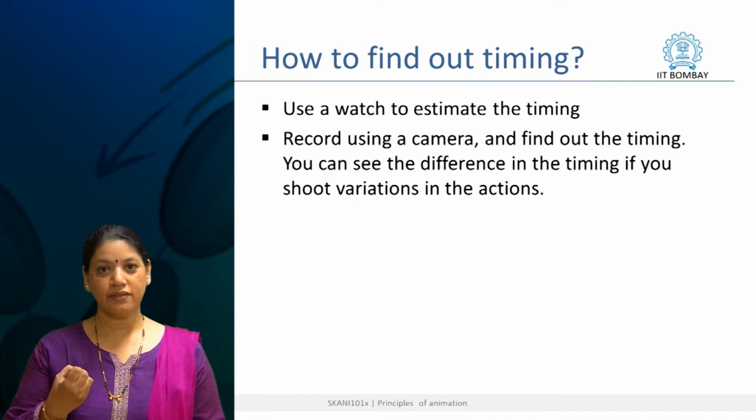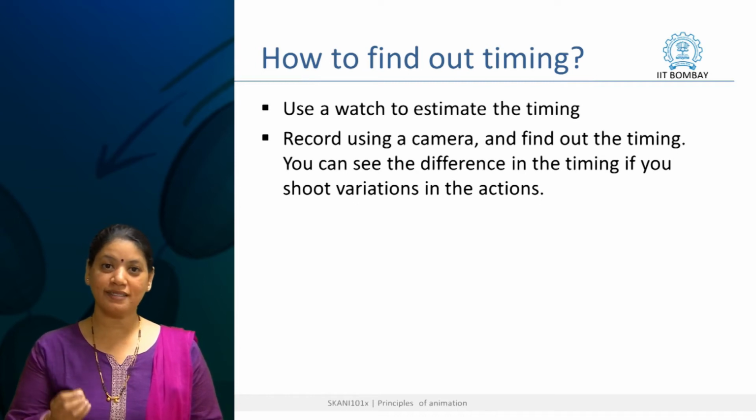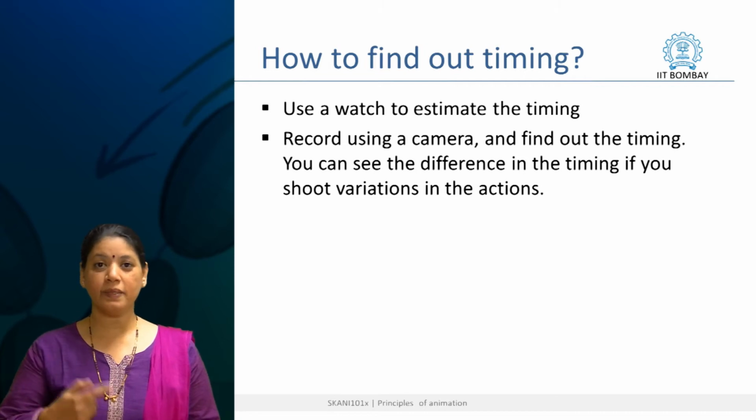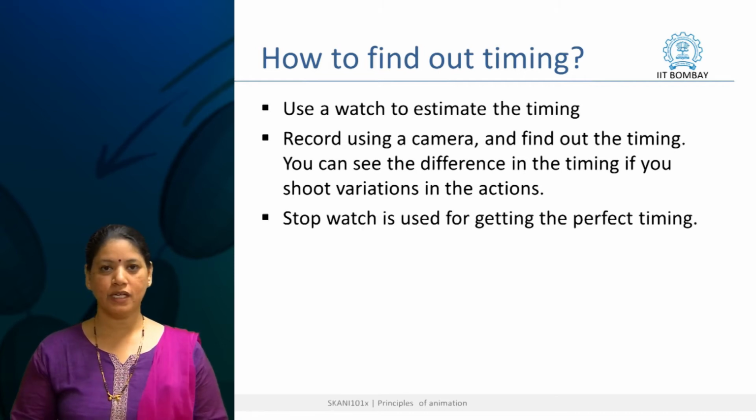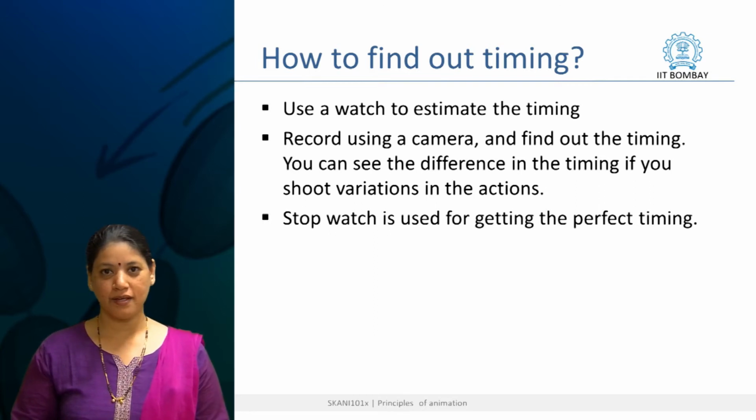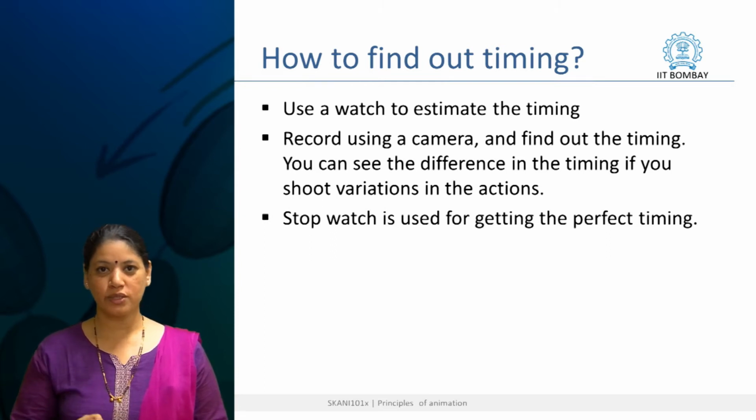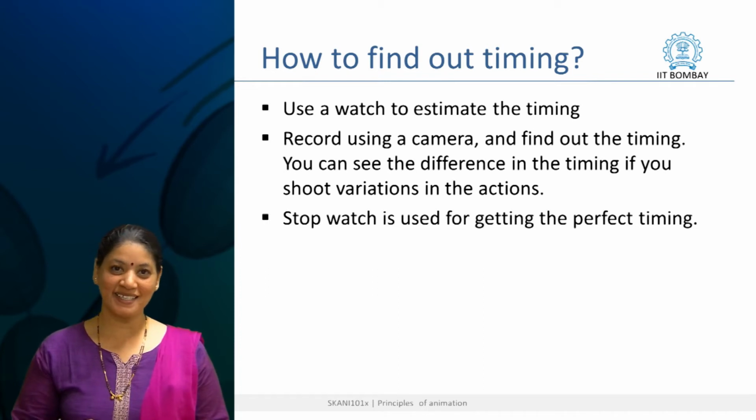You can even repeat that action to see the exact time required to complete it. A stopwatch is the easiest and most correct method to find the perfect time. This is the traditional method. Nowadays it is easily available even on your mobile phones, so it is very convenient to use a stopwatch.